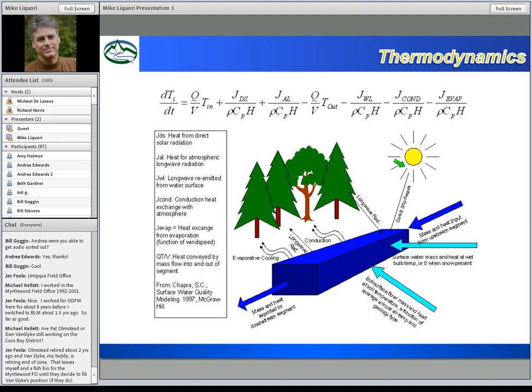We have heat from atmospheric long-wave radiation, which comes in. We have long-wave radiation that's re-emitted from the surface that goes back out, which reduces the temperature or draws that heat away from the stream, kind of like the stream sweating, if you will. We have evaporative cooling, and the heat transfer from both the subsurface coming in and the lateral or longitudinal heat transfer processes as warm water moves downstream.